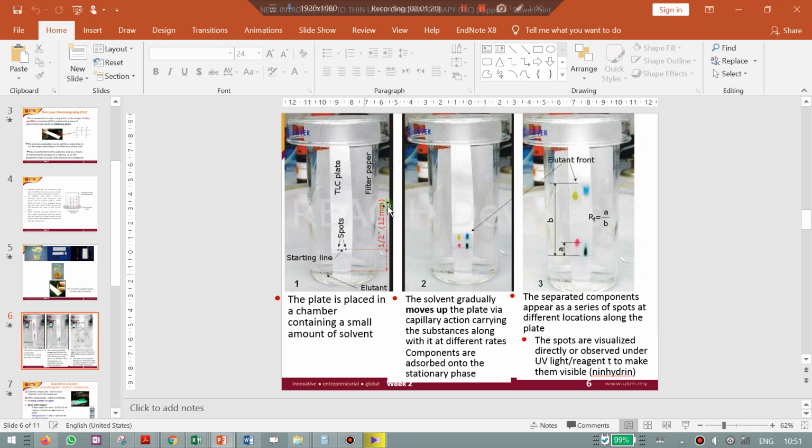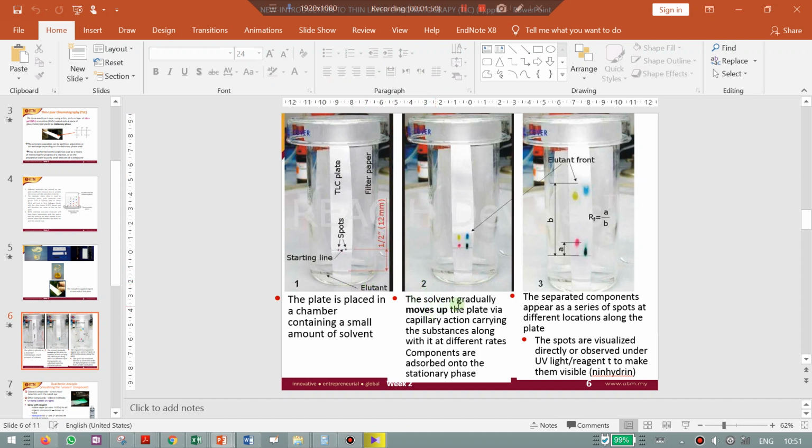If we don't close the chamber, some of the solvent may evaporate, so the polarity of the solvent will change. It will affect the result, so it's not really accurate, not a good setup.